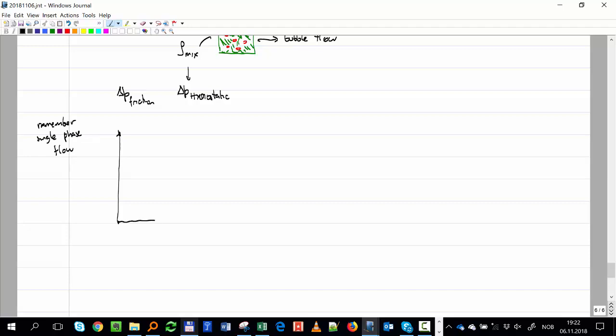How did we deal with these two regimes, laminar and turbulent? We created a dimensionless variable called Reynolds, and we use that to define if we are to the left or to the right, to define two regimes.